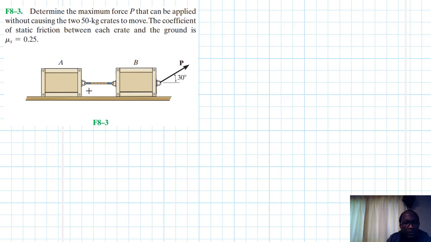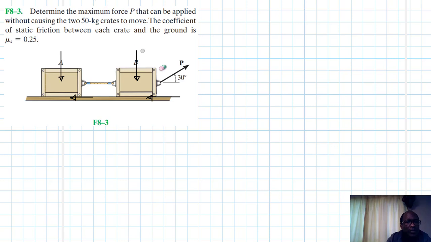Right. So let's draw the free body diagram. Let's say we have the weight there, going through the centroid. And let's say we have friction, opposing this direction, somewhere here, and another one somewhere there.